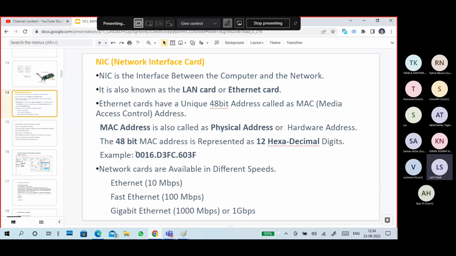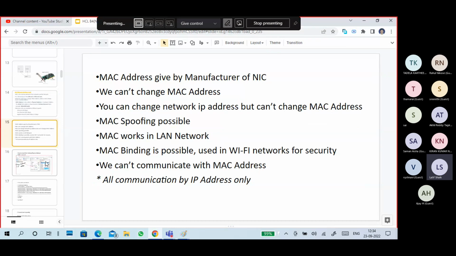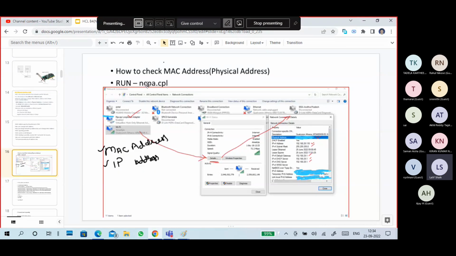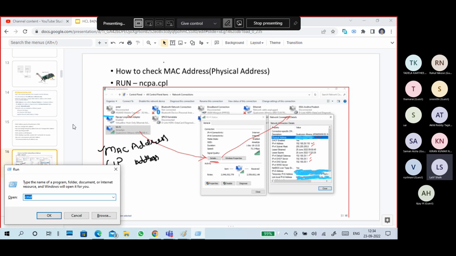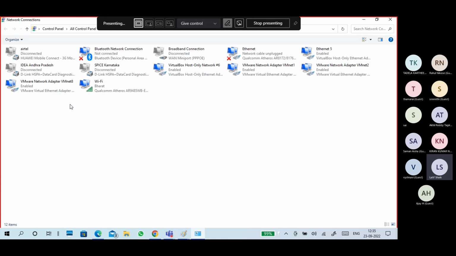So this is the MAC address. How to check the MAC address is also important, right? We already know how to check the IP address; in the same place we check the MAC address. Either go to ncpa.cpl, or go to Control Panel, Network and Sharing Center, Change adapter settings.